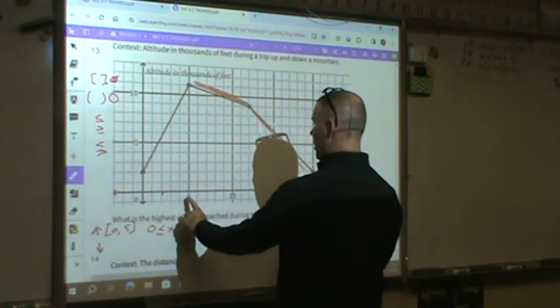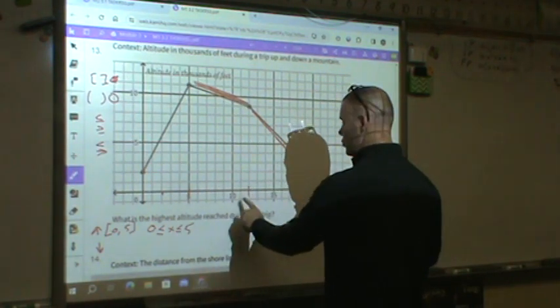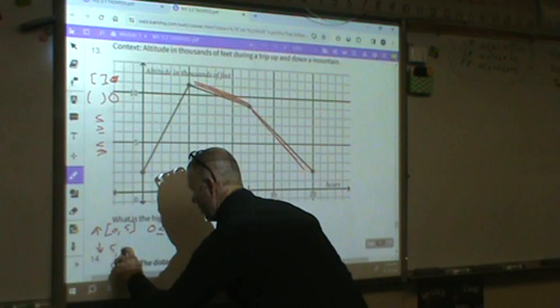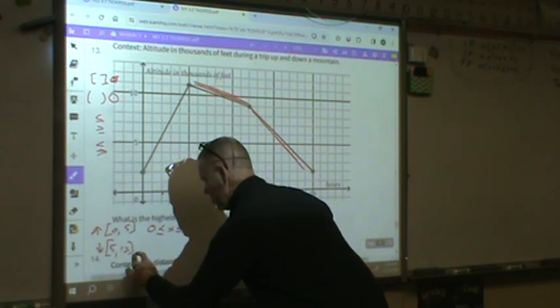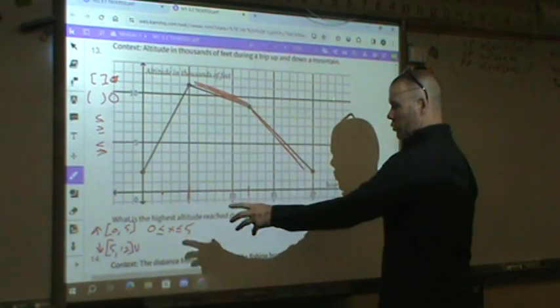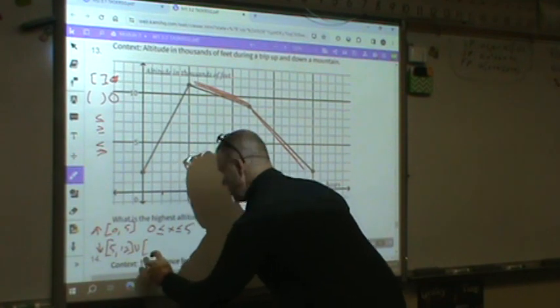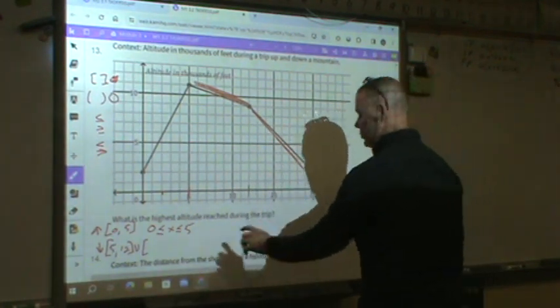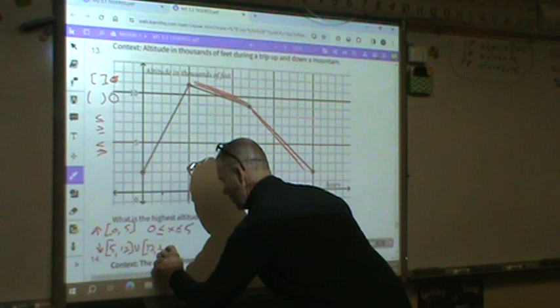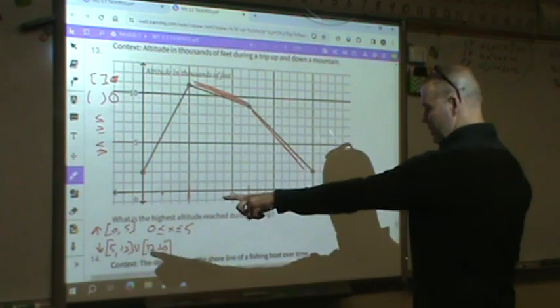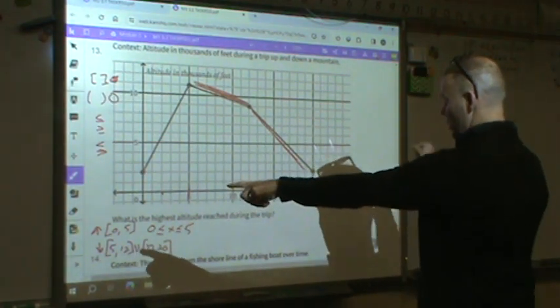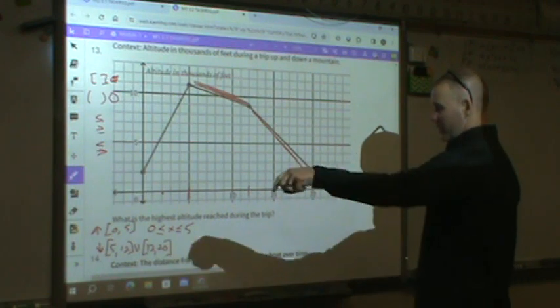So here's where we go. 5 to 12, so I'm going to say 5 comma 12 and use brackets, and I'm going to use a U, which is a union, and I'm going to use my other values from 12 to 20. So 12 comma 20. There is my interval notation for the decrease.